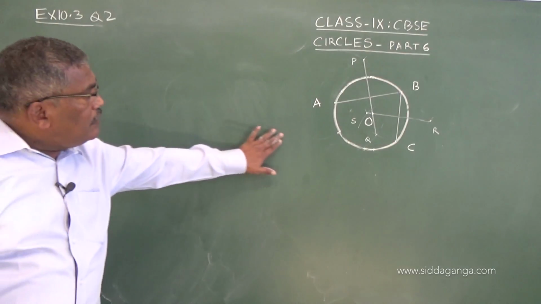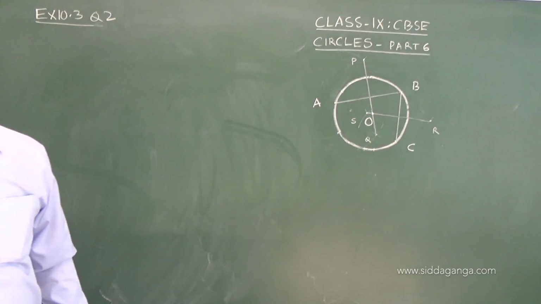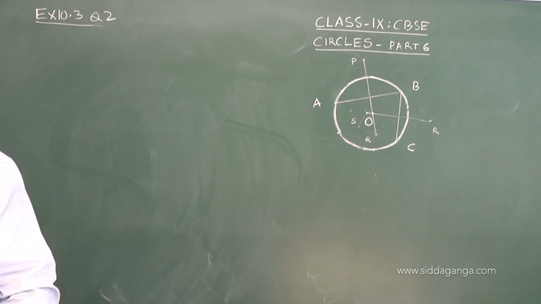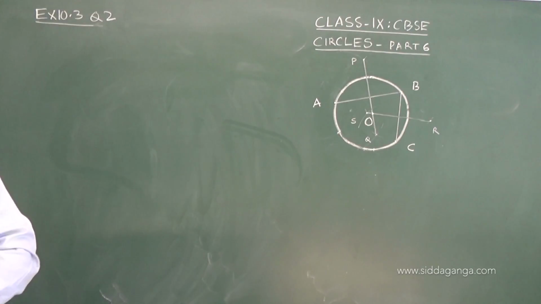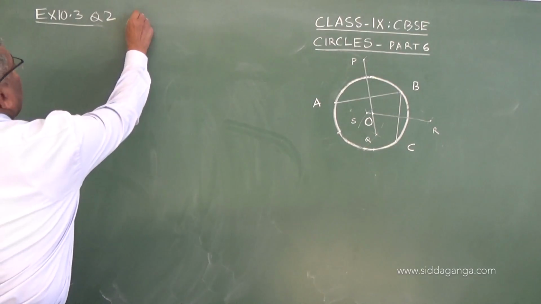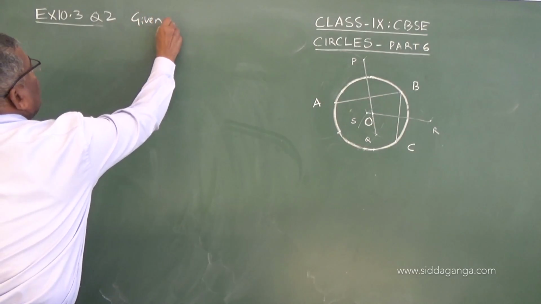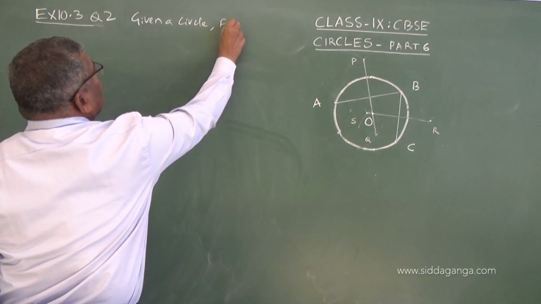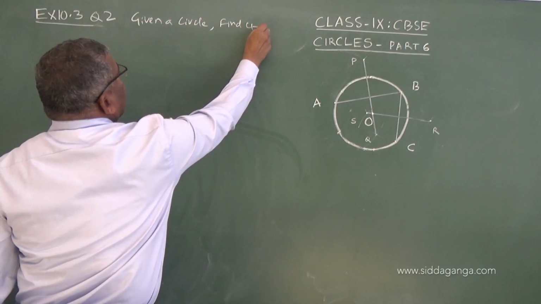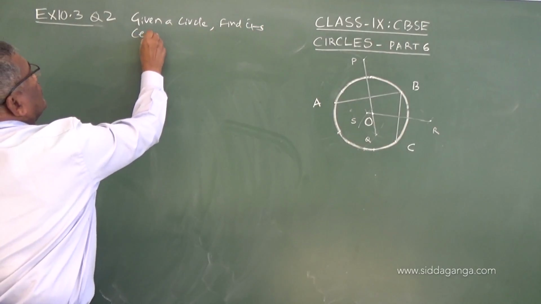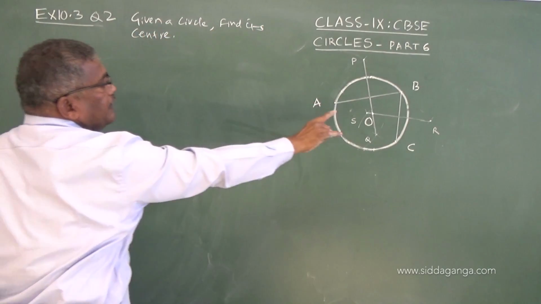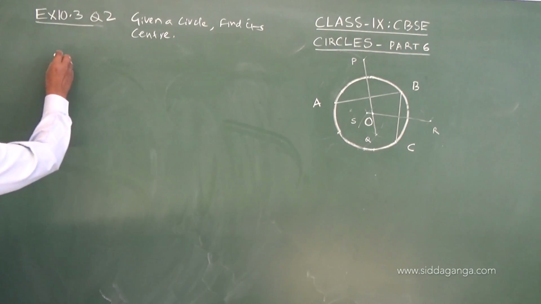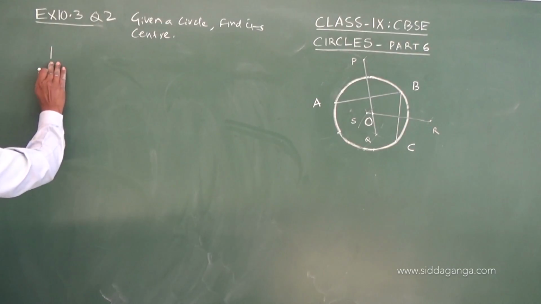Now, this is the method. I will give you the procedure now. So, given a circle, find its center. The center was not known, so we have to locate the center, that is the goal. So, here are the procedure or steps to be followed.